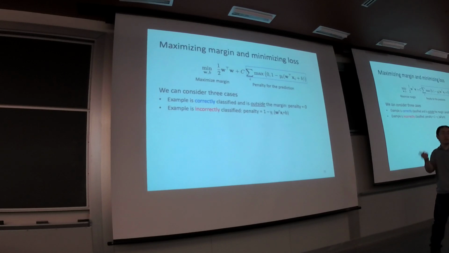If you misclassify, the product of the ground truth and your classification function value must be negative, so 1 minus a negative value is even bigger than 1. The max function here is simply 1 minus function margin. Although there is a minus sign here, because the function margin is negative, you end up with a penalty bigger than 1.